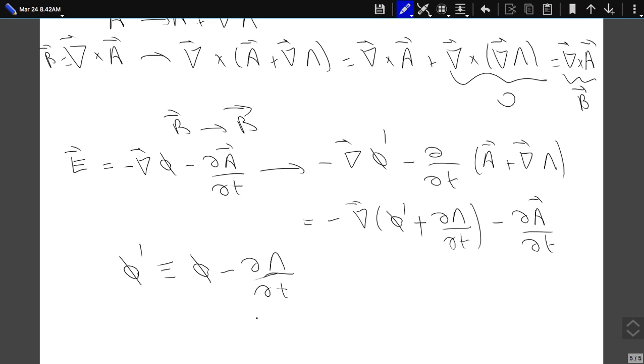So now in this Lorentz gauge, the equations that phi and A satisfy are these ones.